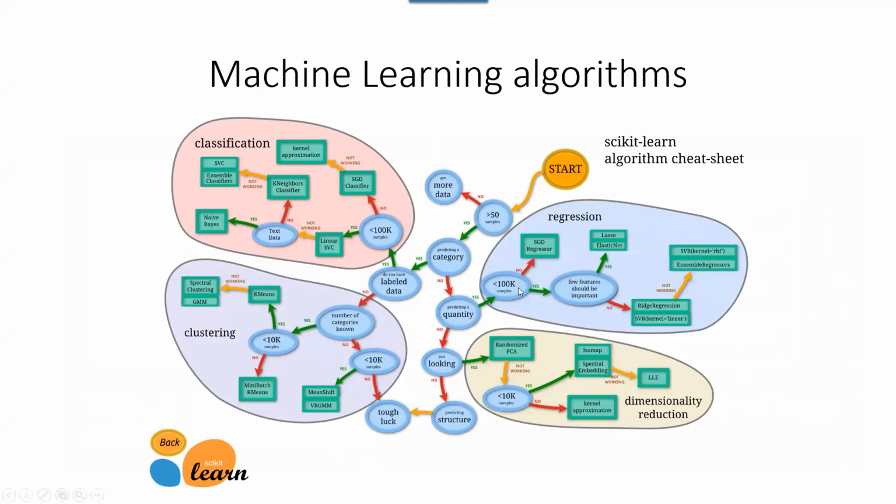They classified the machine learning algorithms into regression, with many algorithms, and classification, also with many algorithms under it. They also have clustering, with many clustering algorithms, and finally dimensionality reduction algorithms. So they have four categories of algorithms.